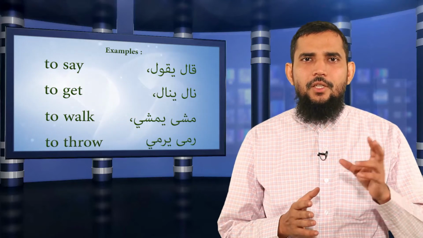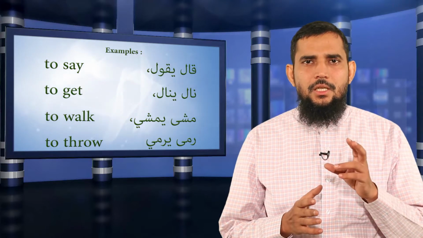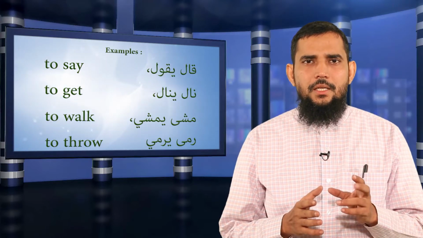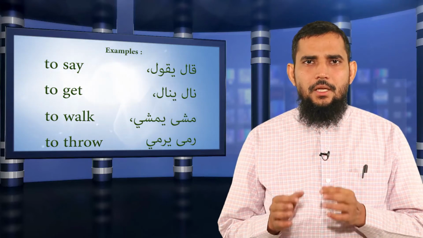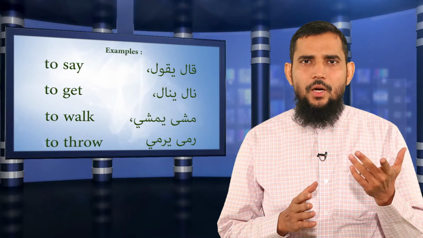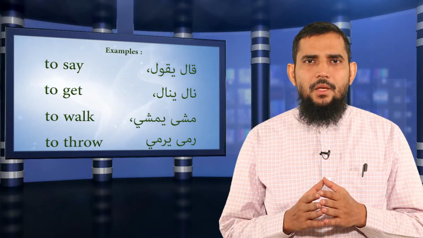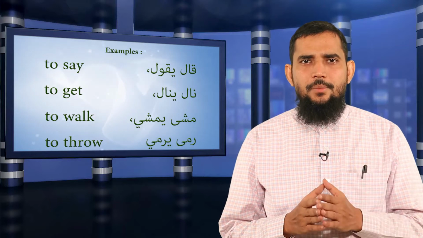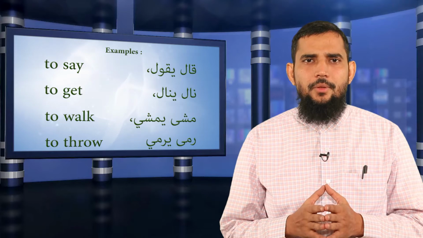So now I have given you examples of verbs which have at least one weak letter in them. For example, qala yaqulu, waw; nala yanalu, alif is there; and masha yamshi, visibly ya is there; rama yarmi, you can see ya in this verb.